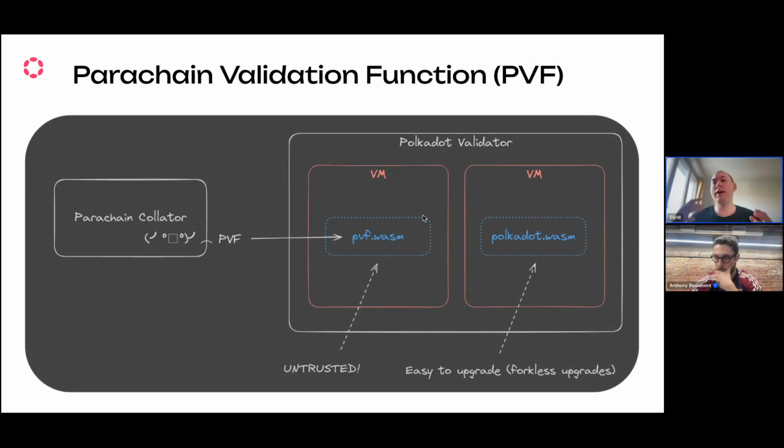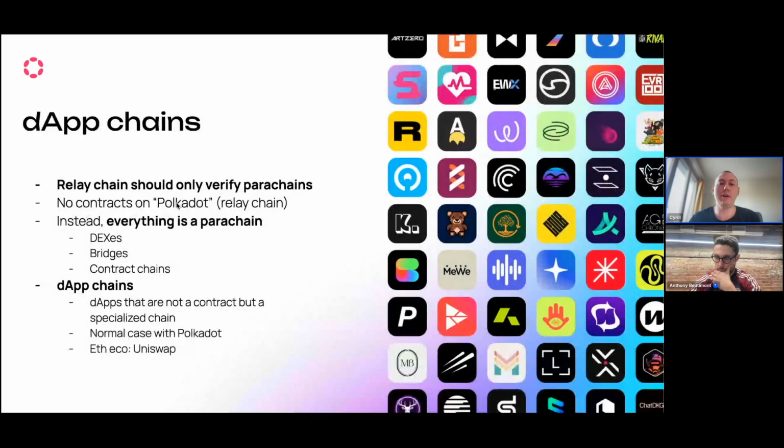It only takes care of providing security to the network and passing messages, connecting the parachains all together. And so this means there's no contracts on the relay chain, because everything or almost everything else should be done by a parachain, right?